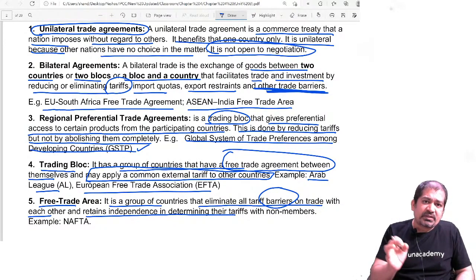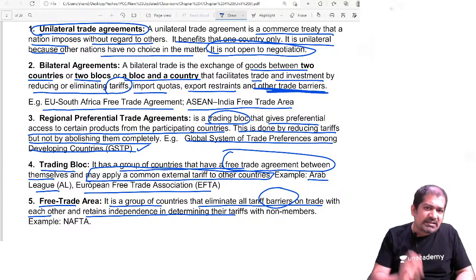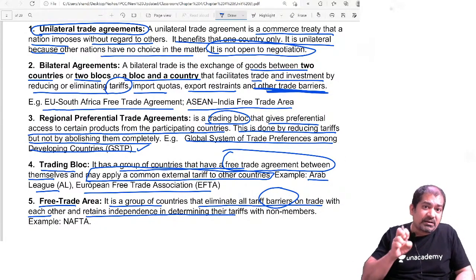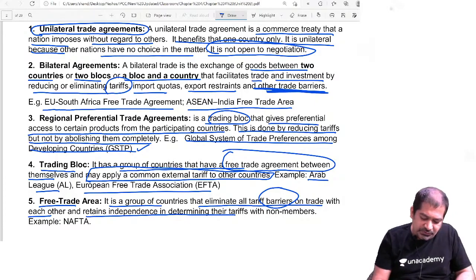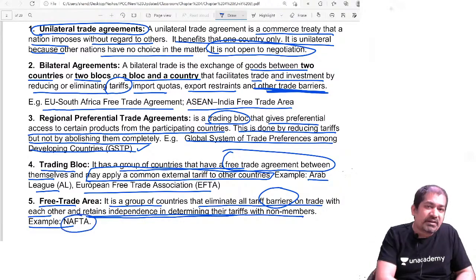Here also there is no barrier, free trade is happening, but all the countries who have come to an agreement to reduce the tariff among themselves are independent to charge different tariffs from different countries outside the bloc. Right, so you see here, and retains independence in determining their tariff with other non-members. Alright, the North Atlantic Free Trade Area is one of the examples.